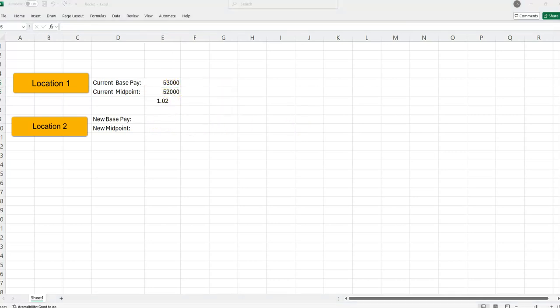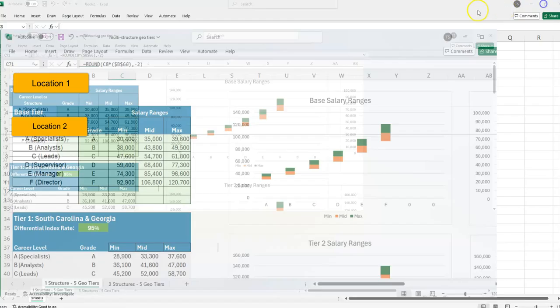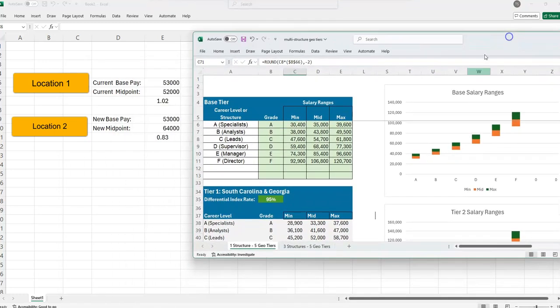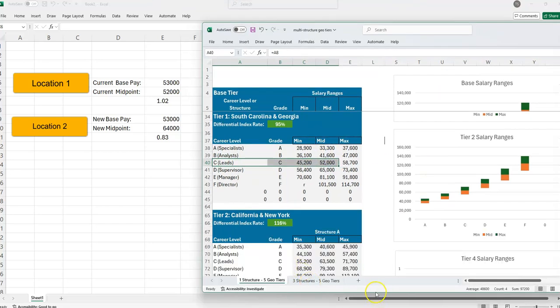So the new range for the tier 2, 64. So what we are comparing here is if we were to keep him at the exact same rate, and then I'm just going to copy and paste this formula here. Since he stayed in the same grade, and pull up the ranges so we can compare right next to it. 52 is the grade C. He's staying within the same grade.